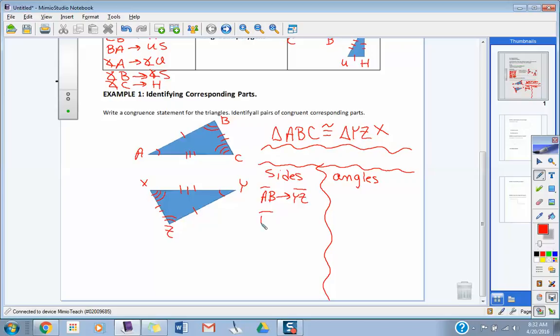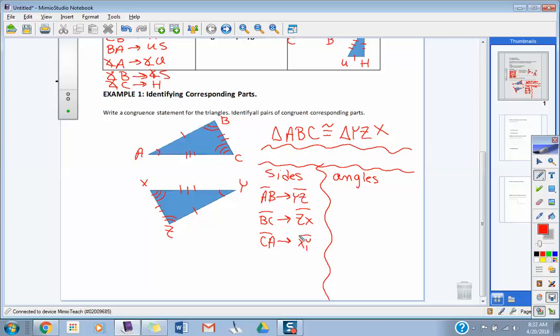What's BC correspond to, kids? ZX, that's it, ZX. So BC, second, third, ZX, second, third. Good. And then my last side right here is C back to what? CA is going to correspond with XY.